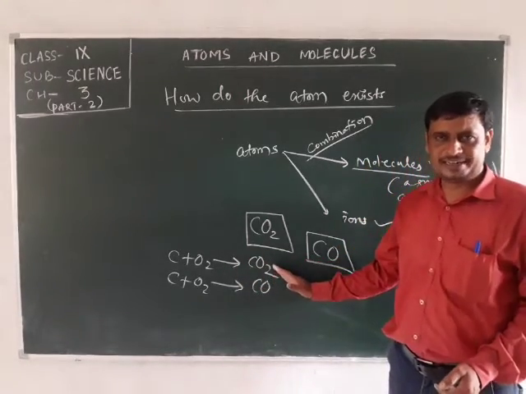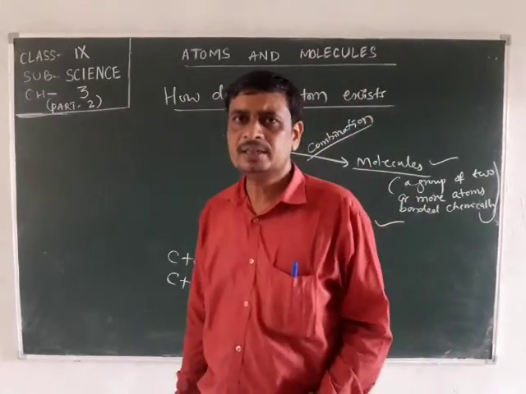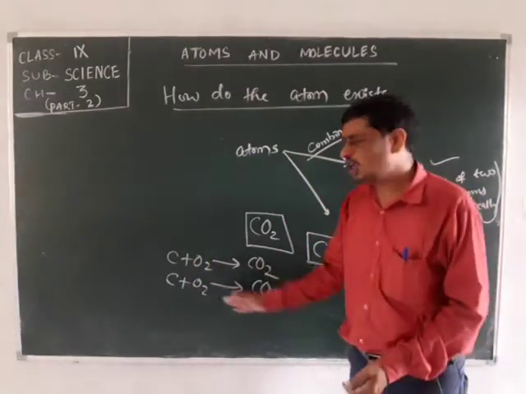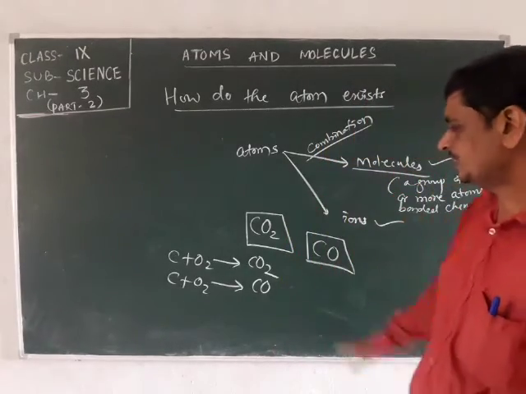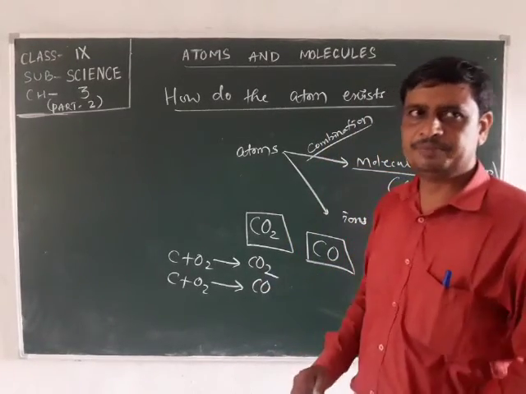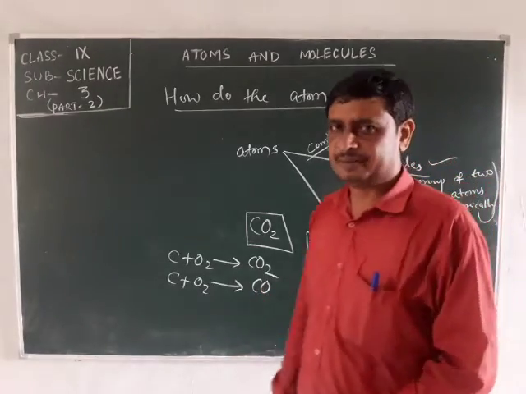Generally it forms carbon dioxide, but sometimes it forms carbon monoxide. It is only due to the absence of sufficient oxygen. If it gets sufficient oxygen, then it forms carbon dioxide, but if sufficient oxygen is absent, then it gives carbon monoxide.